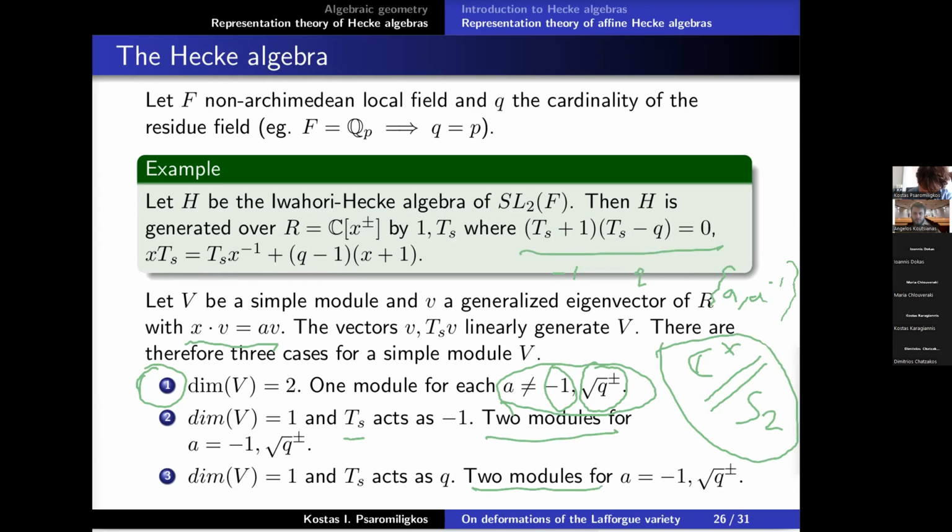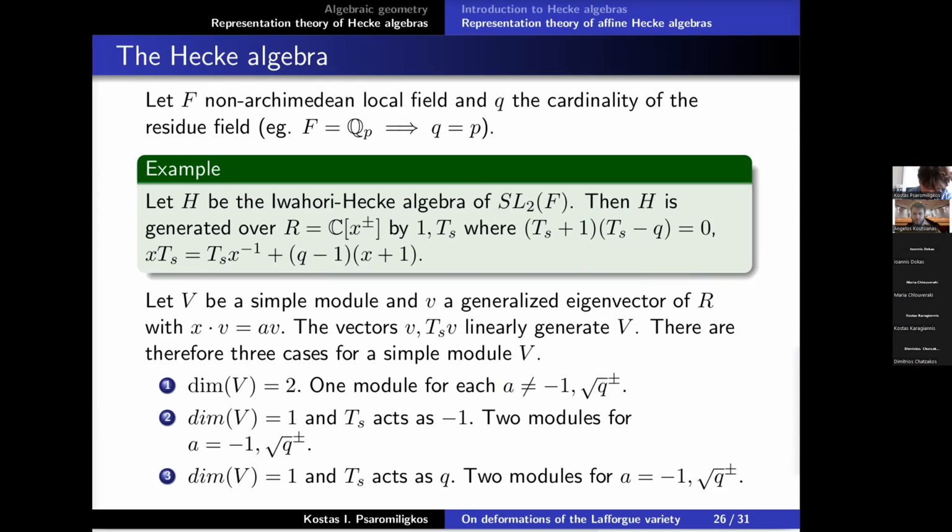So a hint for the next time, if I draw this, it's going to look something like this. So these are the four representations that do not live in this line. I should remove some points here. And this should be all the representations.